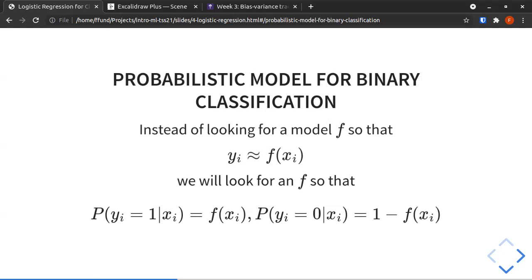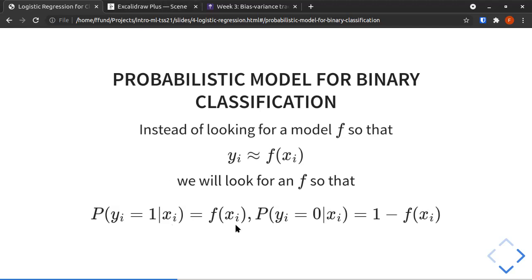So instead of looking for a model so that the output of the model is approximately the value of y, we're going to look for a model where the output tells us the probability of the sample belonging to the 1 class or the 0 class.